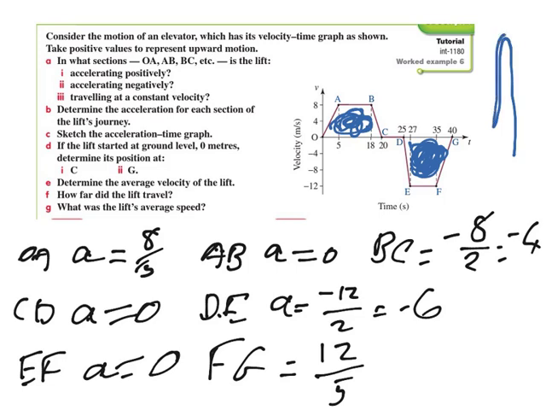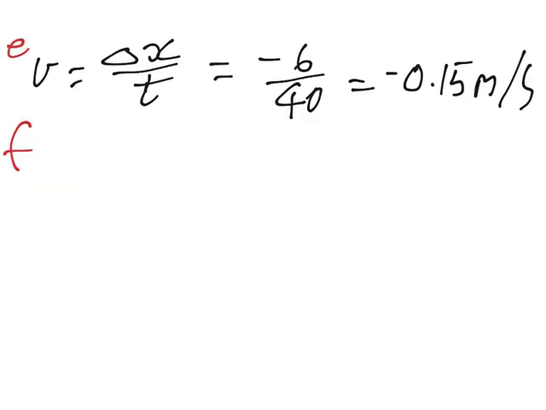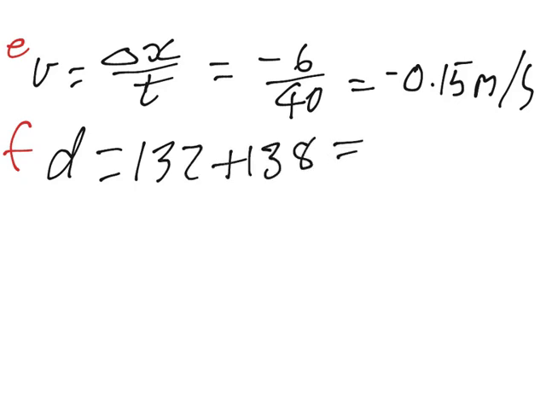So we want the distance of that whole lot. That bit from there to there, plus that bit from there to there. Just the length of it. So our distance is the 132 plus the 138, which is 270 metres.